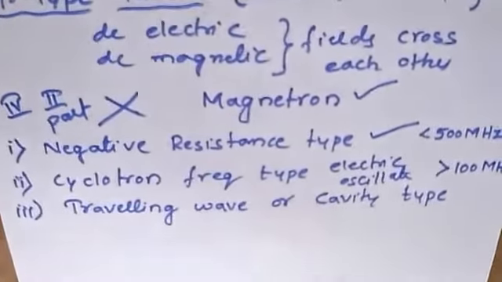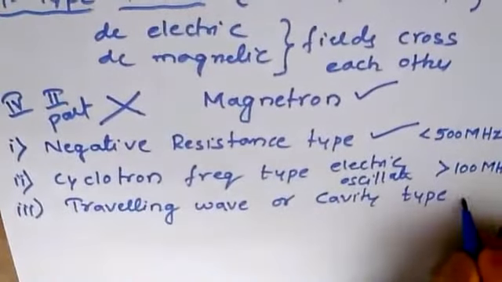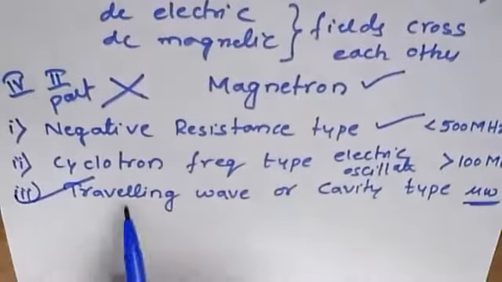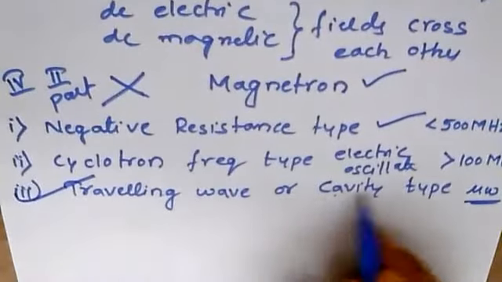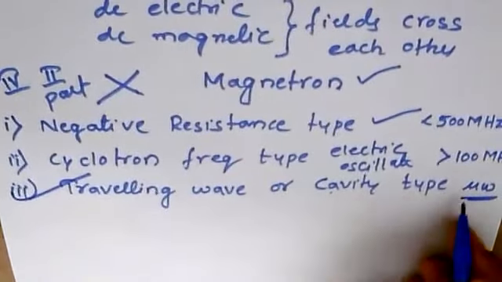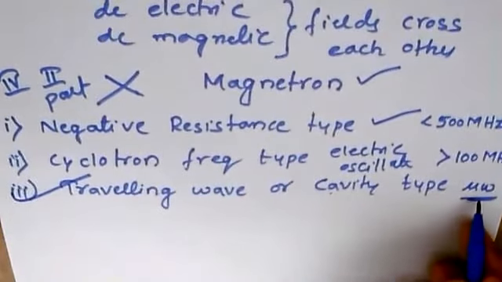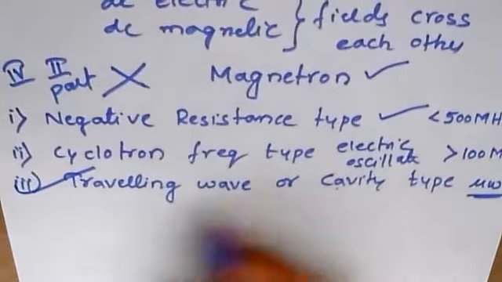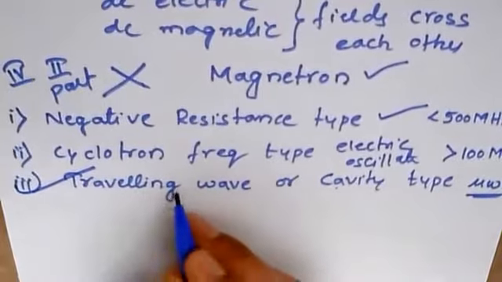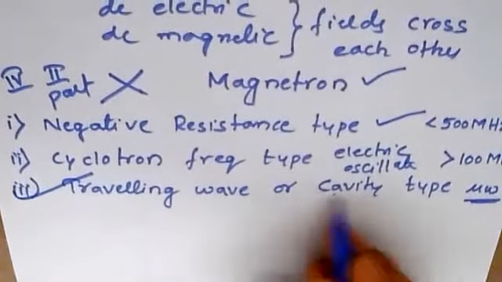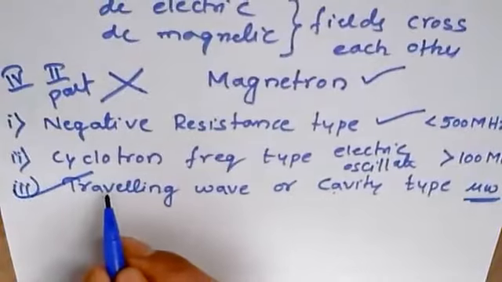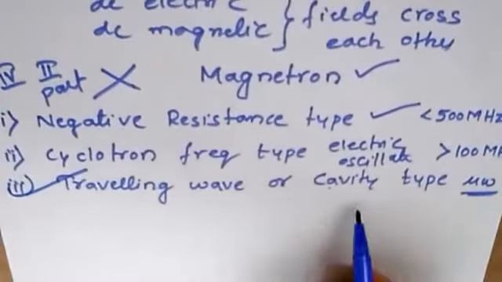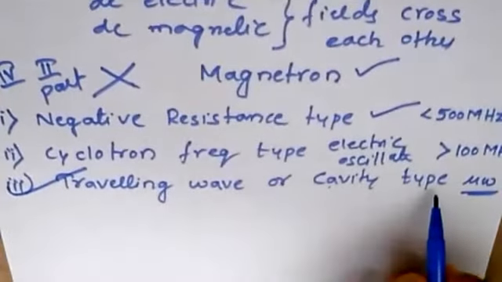Whereas the traveling wave or cavity type of tubes are used at gigahertz, that is, microwave frequencies. At microwave frequencies, we can make use of this particular crossed field type tube, and that is nothing but the magnetron. So that's what I have told, this is in the syllabus. We have the third type of tube, called the traveling wave or cavity type of tube.